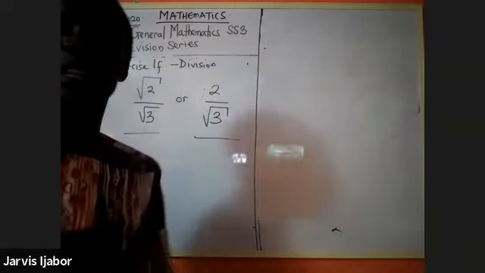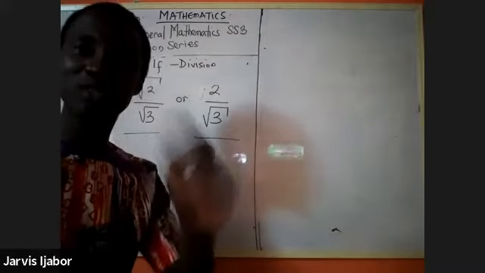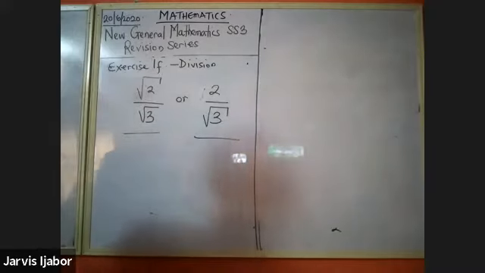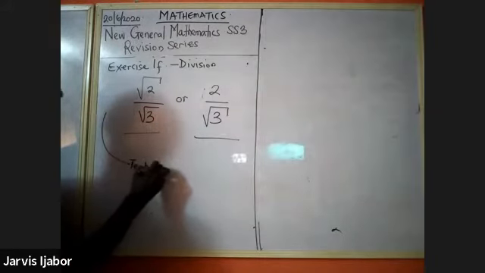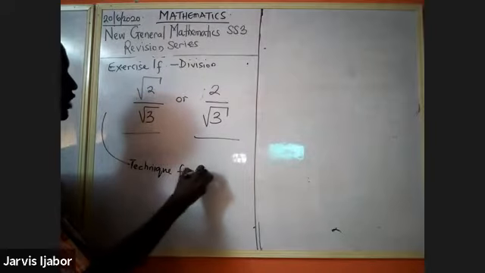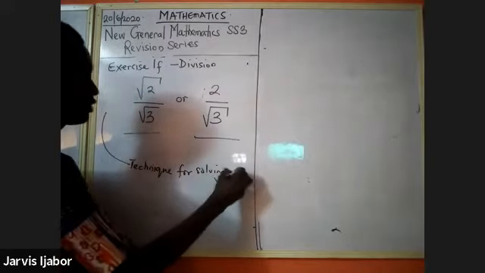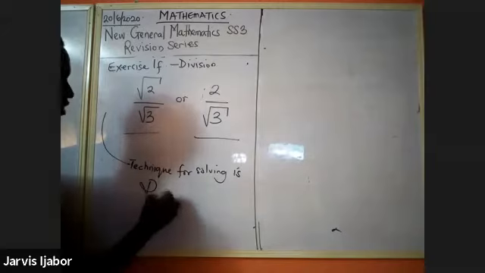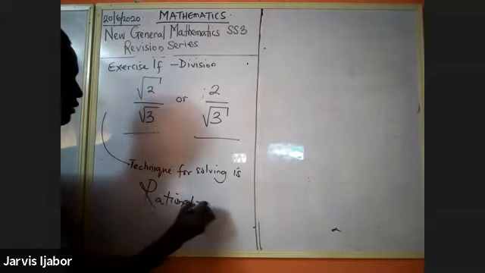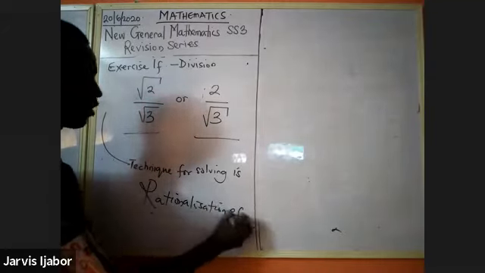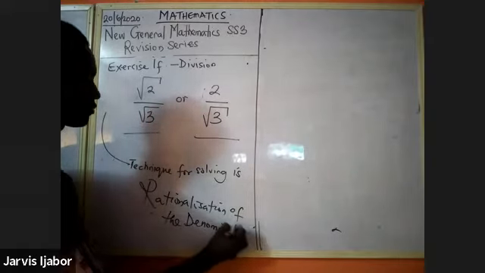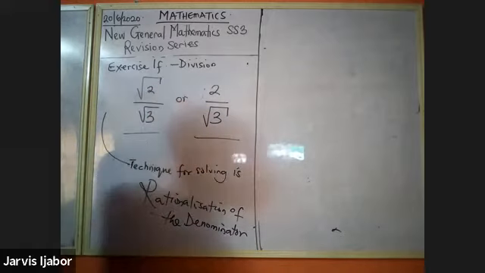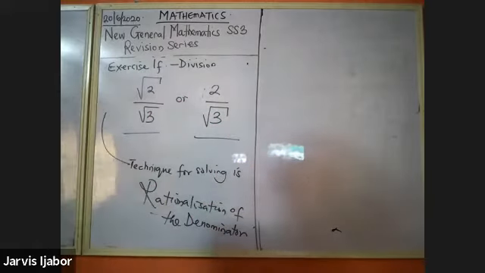So for surd, the denominator must have a surd. And the method, the technique we use to solve it, is rationalization of the denominator.